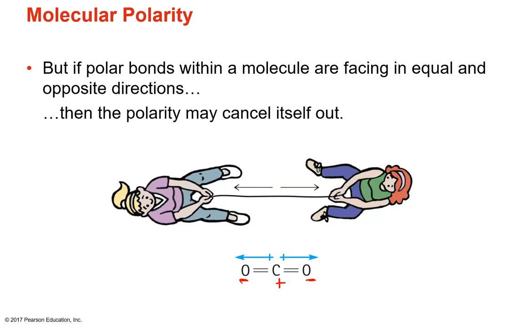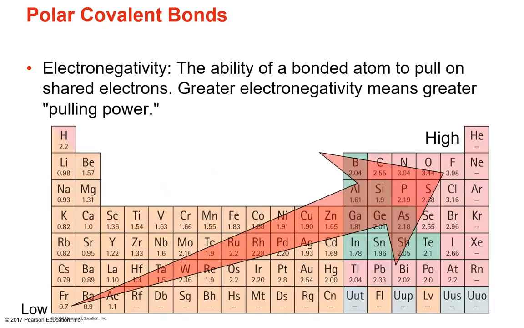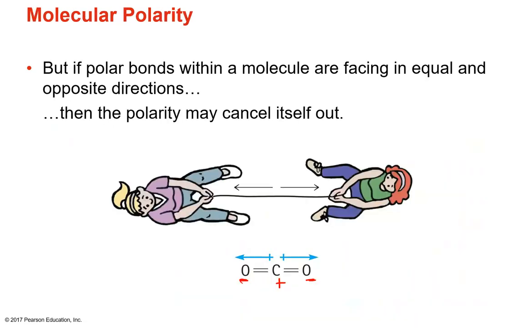In this case, the picture here is to show what's going on. Remember, it called the electronegativity the pulling power. So these two young ladies are pulling on the rope being the carbon, and these ladies being the oxygen. And if they're pulling with equal strength, neither side is winning, it's nonpolar.